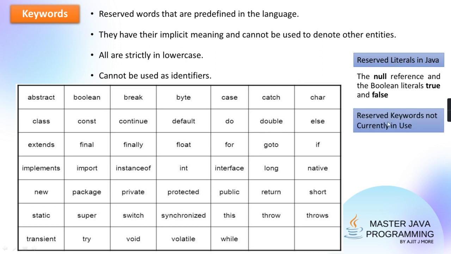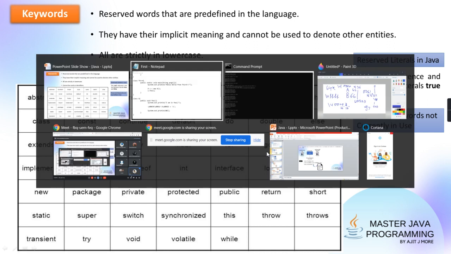Getting? And there are some keywords which are not used in Java, but Java still keeps them reserved. They are not in use. So which are they? const and goto. It means you cannot use goto for that goto purpose, which was in case of C and C++.